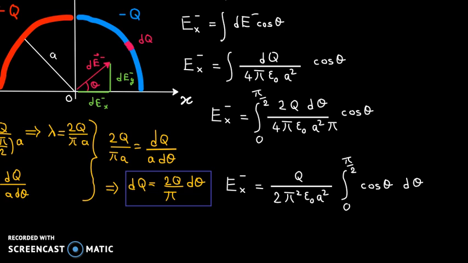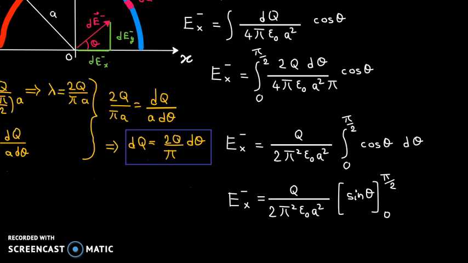And here's our integral with constants pulled out of the integration and simplified. Now this is the integral of cosine theta d theta, which is simply equal to sine theta. Here I took care of the integration, and in the next step, let's evaluate our integral from 0 to pi over 2.